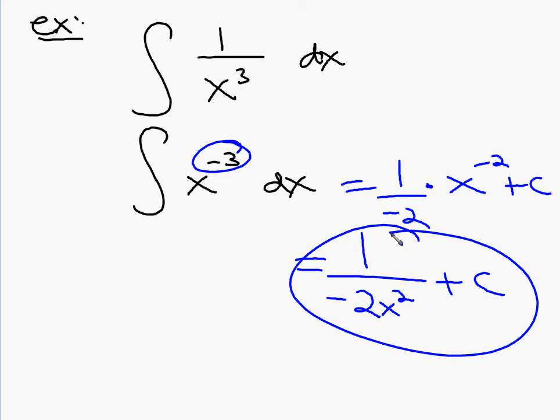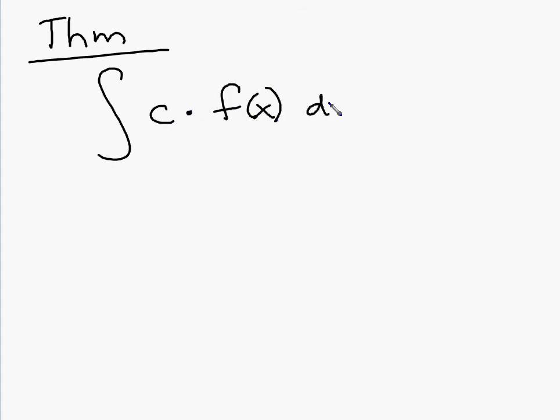All right? Now, the next thing you need to see is the question that was asked a minute ago with constants. Watch this theorem. If I have the integral of c times a function, all you have to do is integrate normally and then multiply your answer by c. That's all you have to do. Kind of like what we did with derivatives.